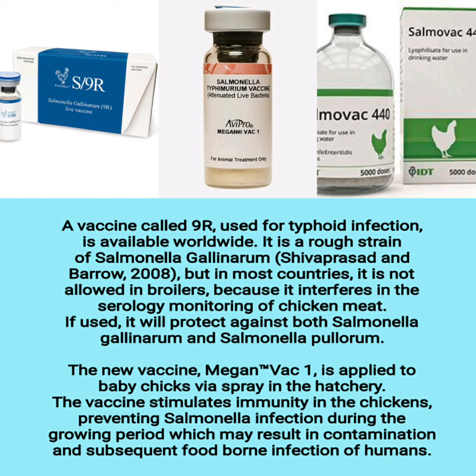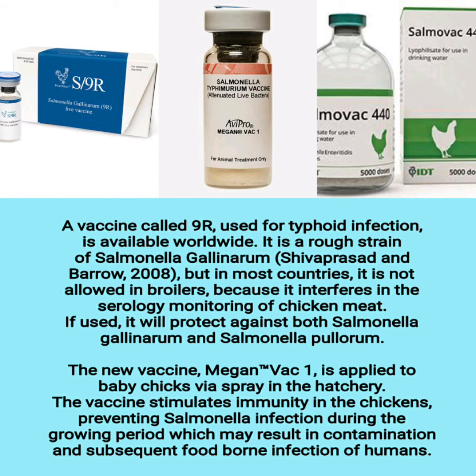It is a rough strain of Salmonella Gallinarum, Chiviprust and Barrow, 2008, but in most countries, it is not allowed in broilers, because it interferes in the serology monitoring of chicken meat. If used, it will protect against both Salmonella Gallinarum and Salmonella Pullorum.